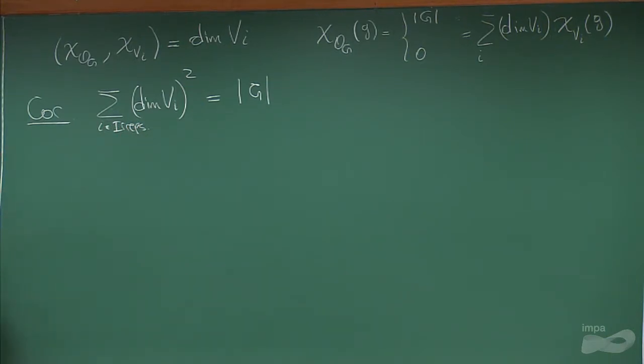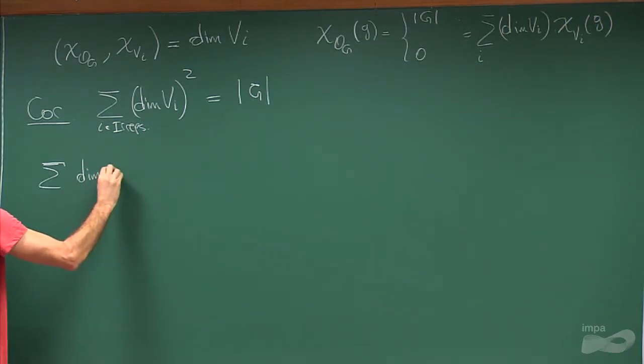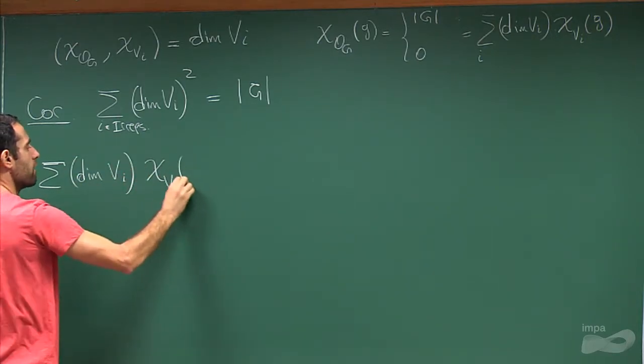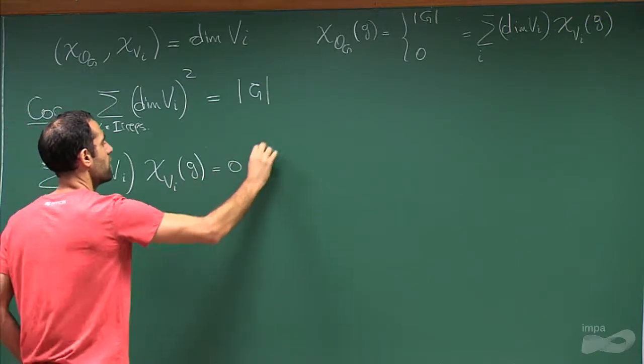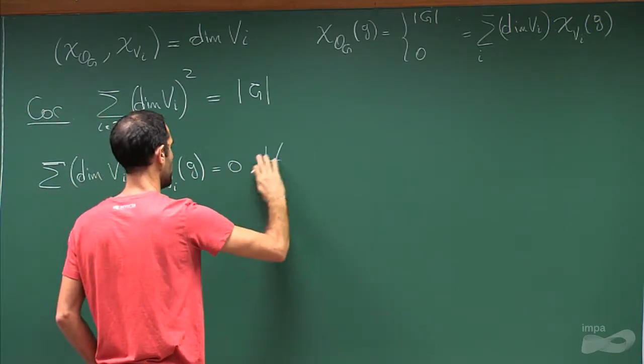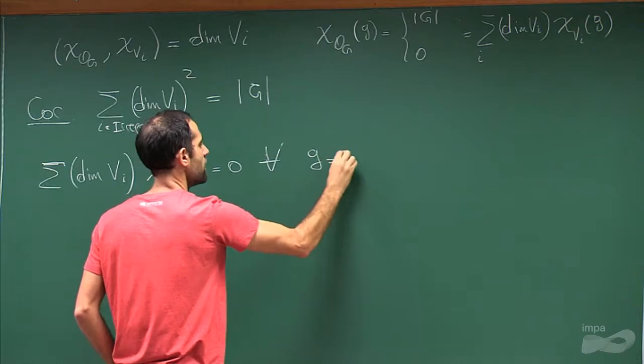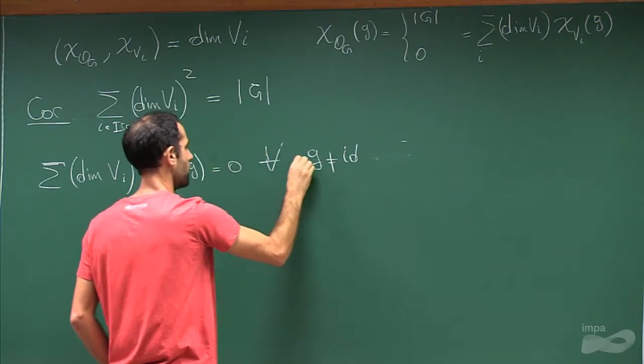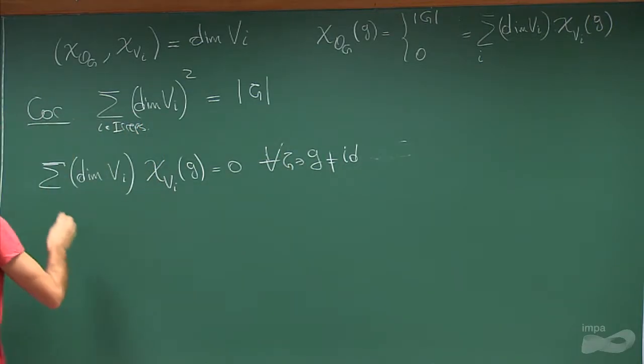And we get the other corollary, that the sum of the dimension of Vi times the character of Vi of g is equal to 0 for every g different than the identity in G. So these are properties of characters of irreducible representations.